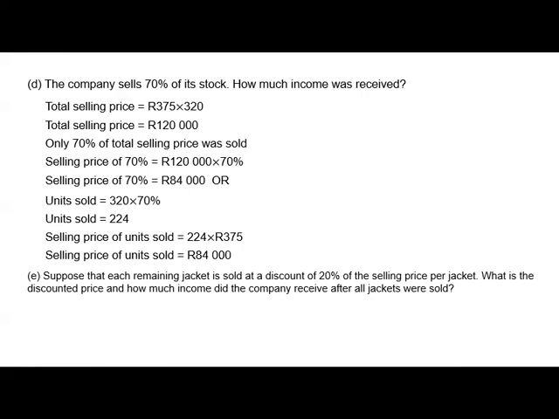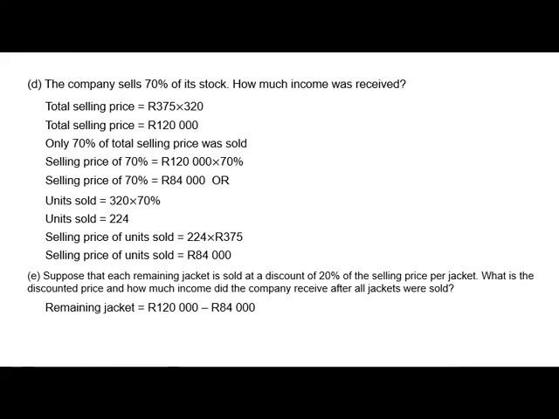The total value of the remaining jackets will be 120,000, the selling price of all jackets, minus 84,000, which is the selling price of the 224 jackets that were sold.